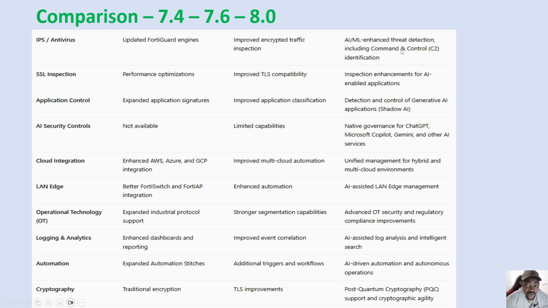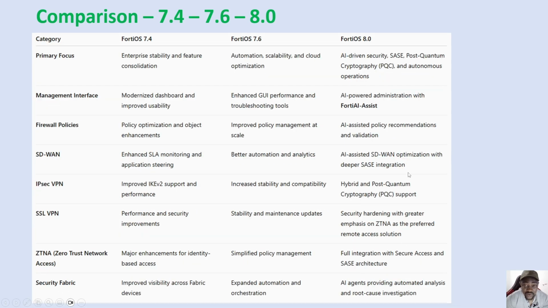Most of the information you see here, you always find AI, AI, AI. Any new feature is always AI driven, AI powered, or AI assisted. So most of the changes on 8.0 are related to AI.